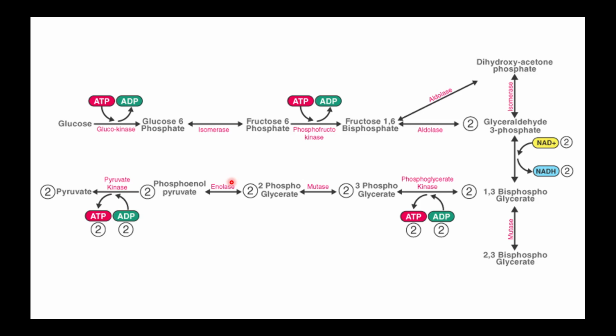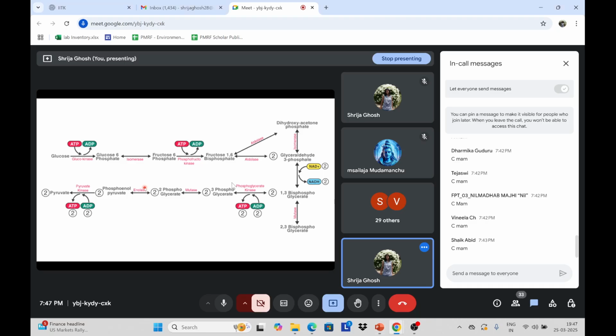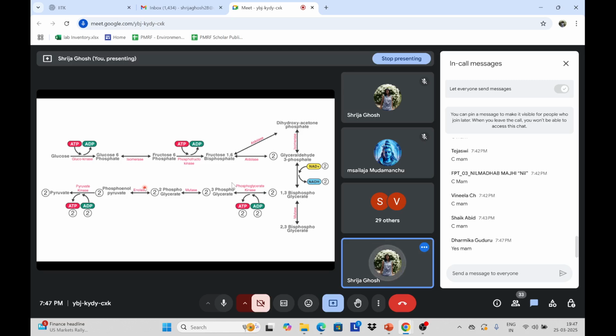Starting with one glucose molecule, we have finally two pyruvate molecules and two ATP molecules. Is that clear to everybody? People who haven't answered anything or people who have answered other options than option C, is it clear to you now? Glycolysis starts with glucose, ends with two molecules of pyruvate and two molecules of ATP.